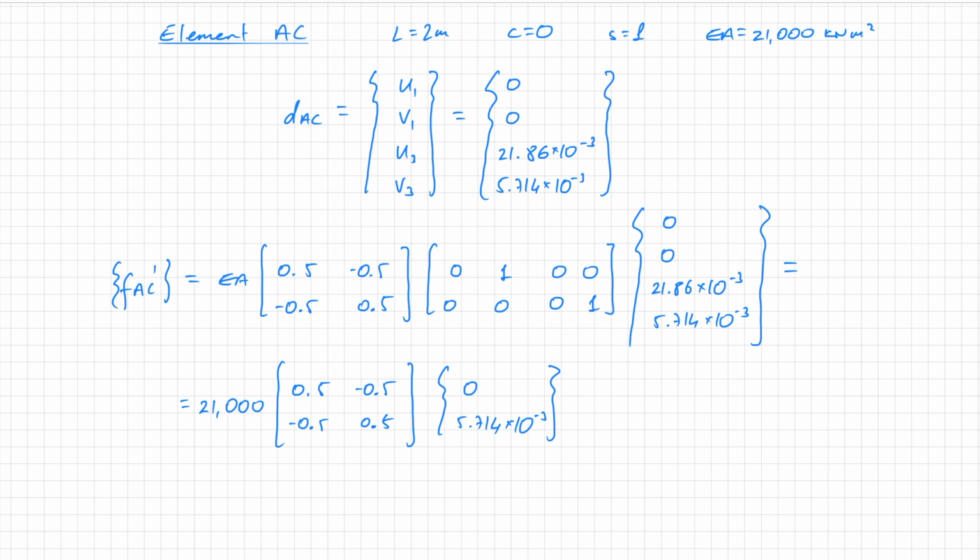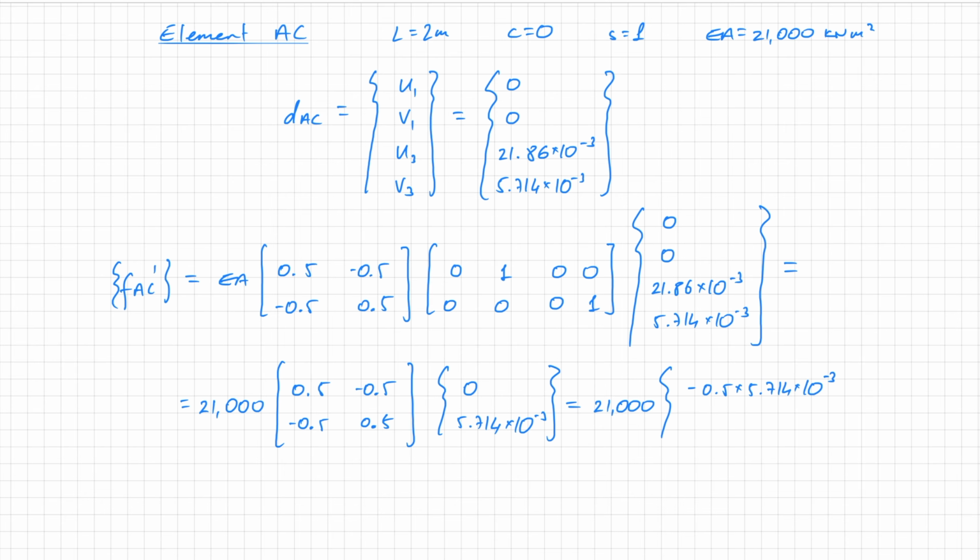And now I need to multiply the stiffness matrix by that vector. So just leaving that 21,000. And here I've got in the first row, just the second members give me something. So 0.5 times 5.714 times 10 to the minus 3.